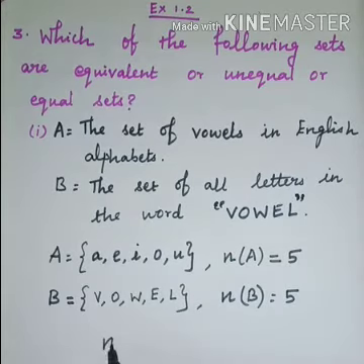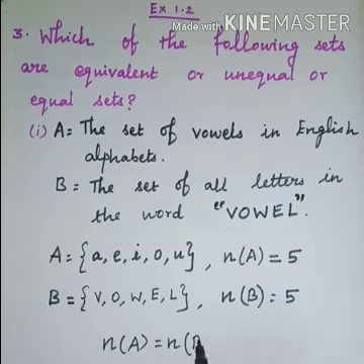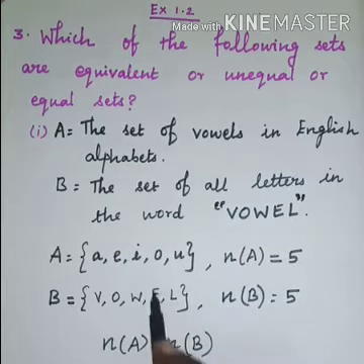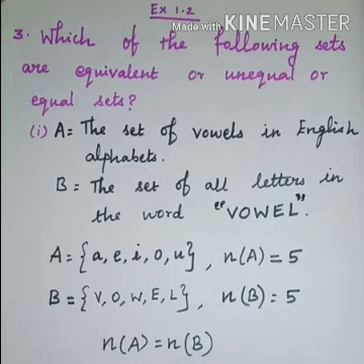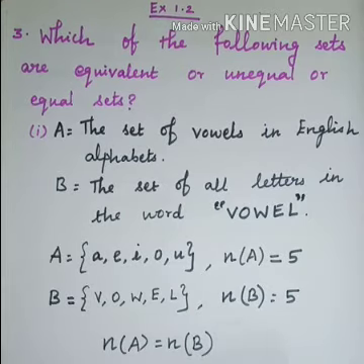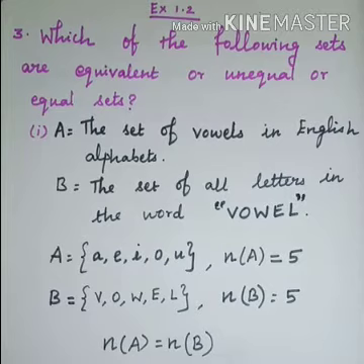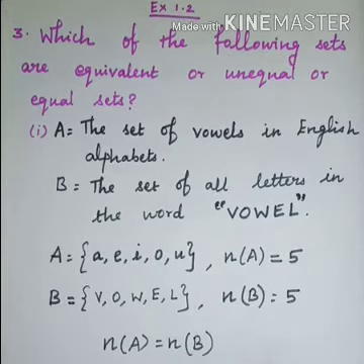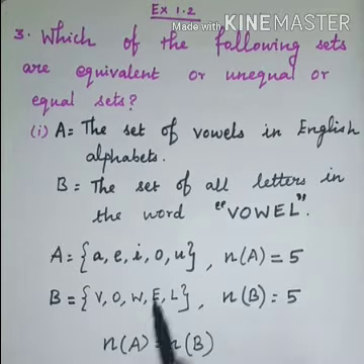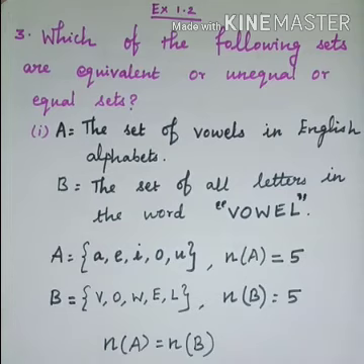So n of A is equal to n of B. The number of elements in A and B are equal. Therefore, we can say A and B are equivalent sets.